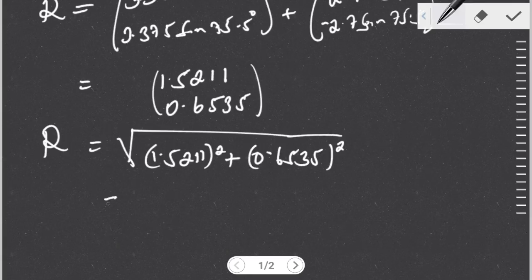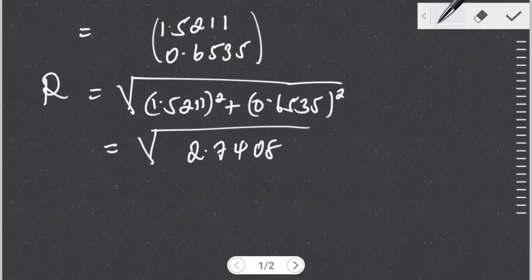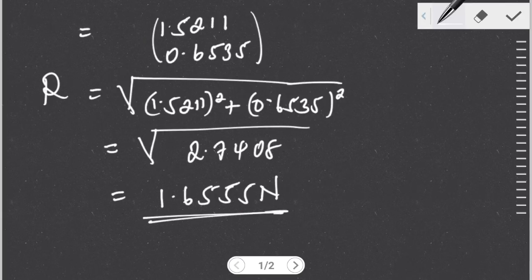Therefore this would be equal to the root of 2.7408, which would be equal to 1.6555 Newton.